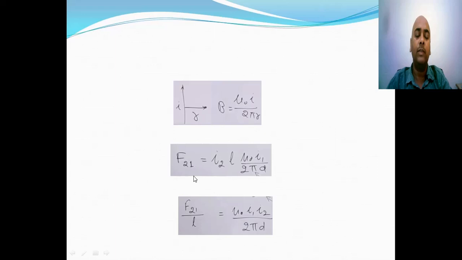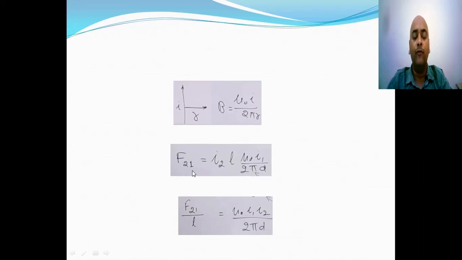So let us suppose we have to calculate the force on conductor 2 due to current flowing in conductor 1. Whenever current flows in conductor 1, it generates a magnetic field whose strength is B is equal to mu naught I1 divided by 2 pi d.